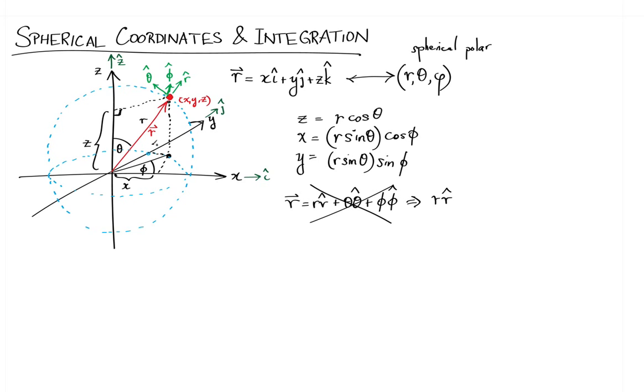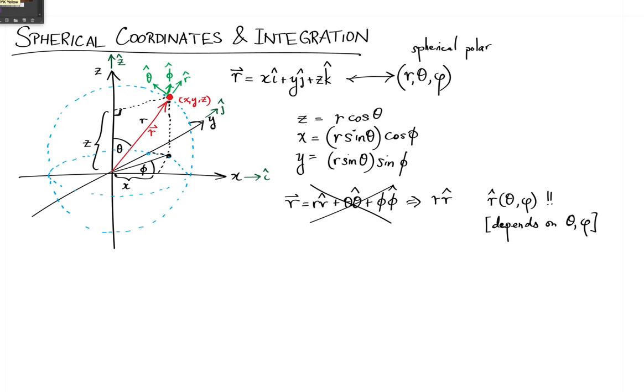Okay? Now, one thing that's a little bit tricky is you have to remember that r hat is going to be a function of theta and phi. So it depends on theta and phi, whereas i hat, j hat, and k hat, the Cartesian unit vectors, don't depend on anything, right?